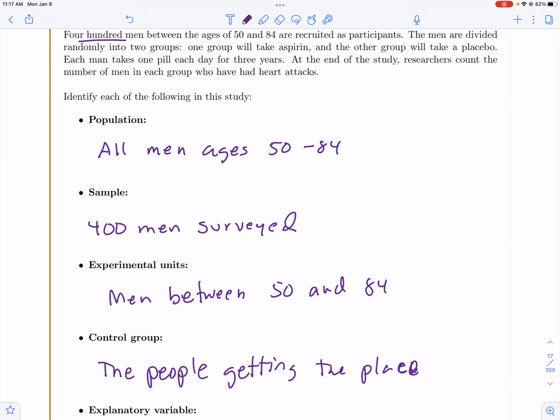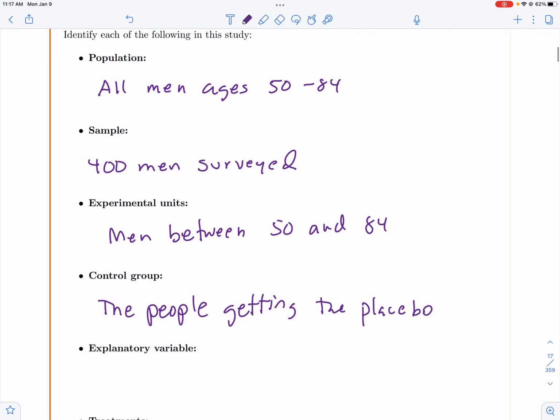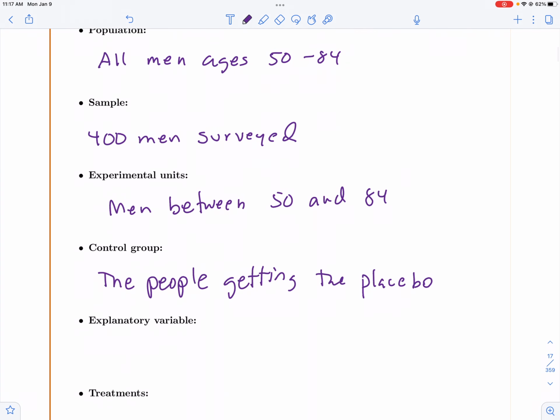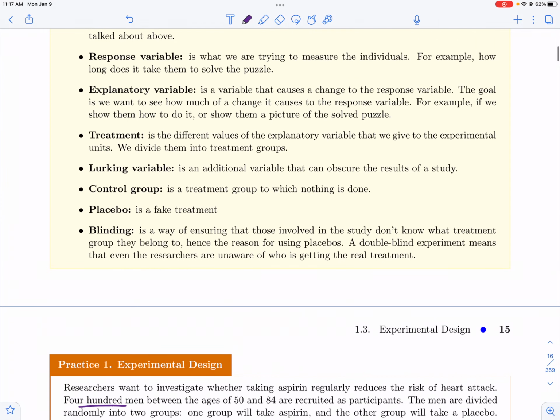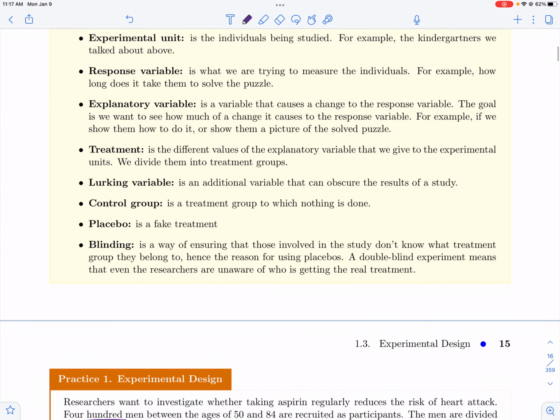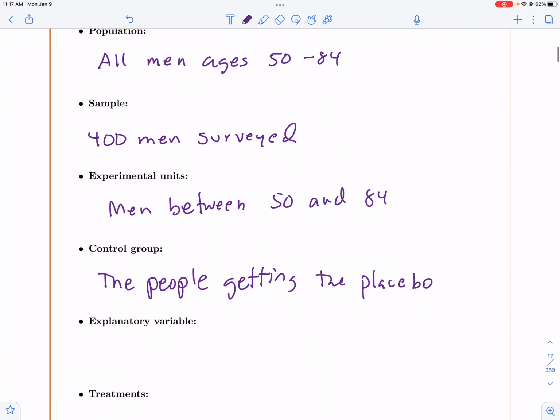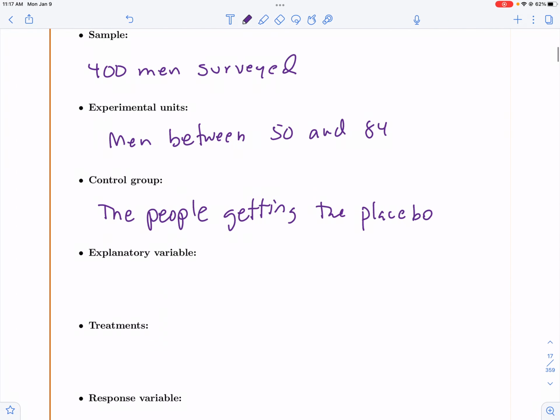Oops, can't spell it. Oh my goodness, that's ugly. Our explanatory variable, again, is the thing that causes the change to the response variable. So the explanatory variable is taking the aspirin.